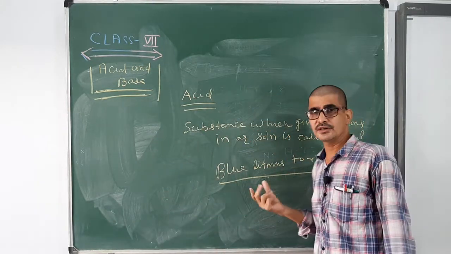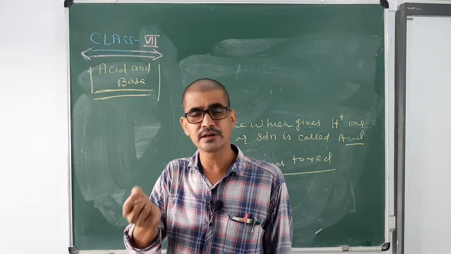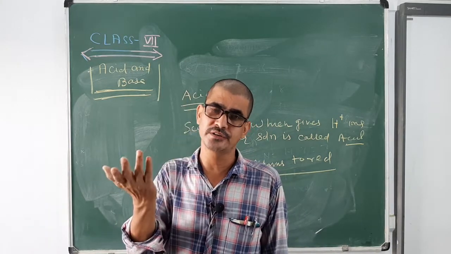But the question arises here, which type of substance is present in litmus paper so that the color changes?